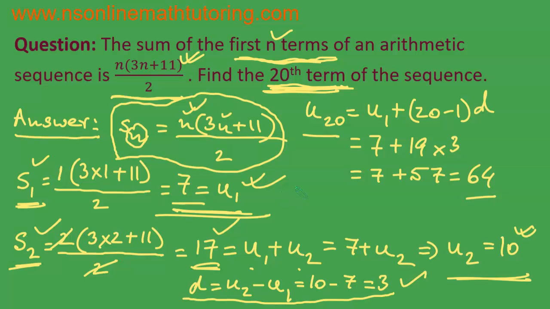They may give specific values for different arithmetic series which contain different numbers of terms from the same arithmetic sequence, or else they may give you this common expression, and you have to plug in different values of n to get the different values of S. So our answer for this question is U20 is equal to 64. This is our answer.